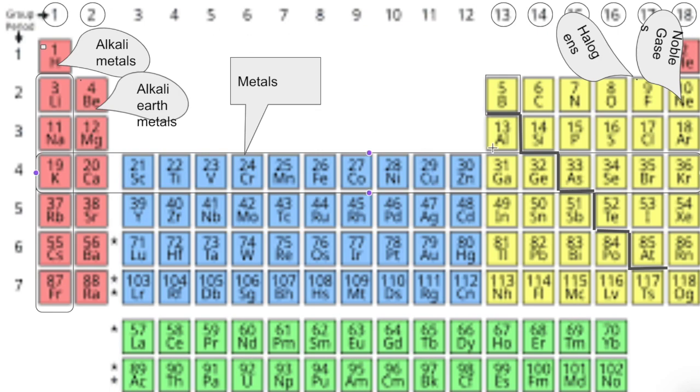Aluminum is not a metalloid. Aluminum is a metal. But everything else, boron, all of these are all metalloids. This is not. This one is not either. But everything else.